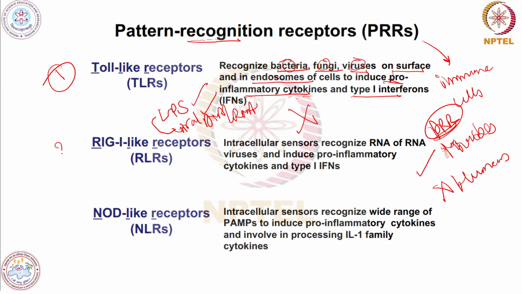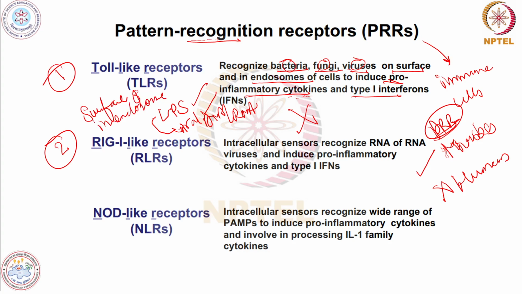The second one is RLR, that is RIG-I-like receptors. These are found inside the cytoplasm of the cells, whereas the TLRs were present on the surface and inside the endosomes.